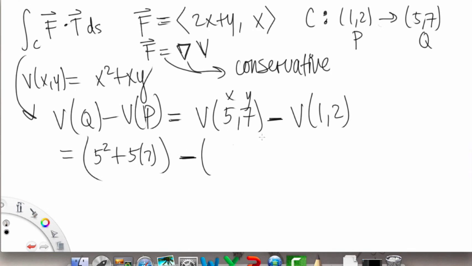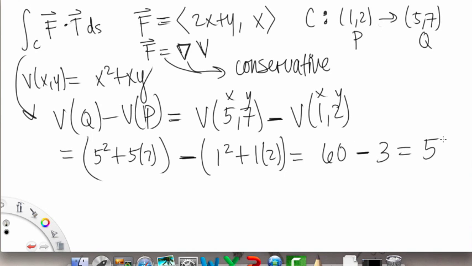And then minus, and then we'll plug in our x and y for the second one. So for that, we get 1 squared plus 1 times 2. So this equals 25 plus 35 is 60. And then minus a 3. So our final answer is going to be 57.